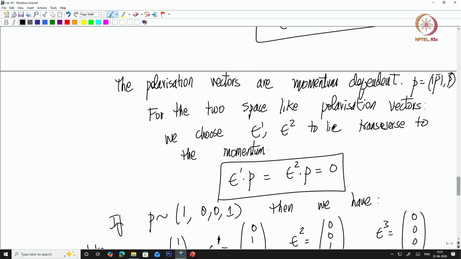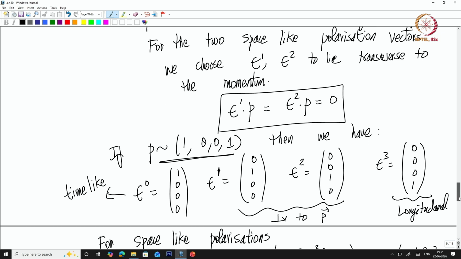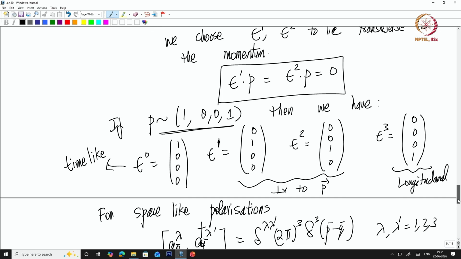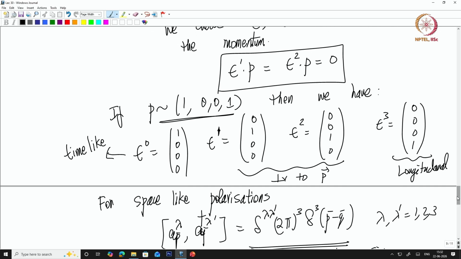So, we chose epsilon 1 and epsilon 2 to be transverse to the momentum. If the momentum has the form 1 0 0 1, that means it is a unit vector along the z direction with energy 1, and then you have epsilon 0, epsilon 1, epsilon 2, and epsilon 3 to be these.